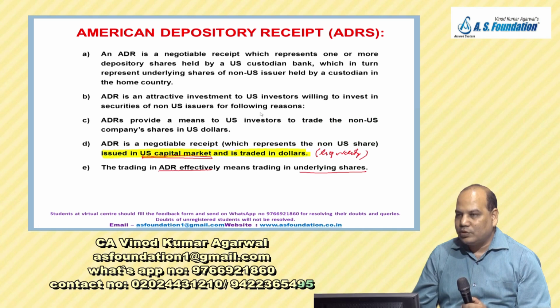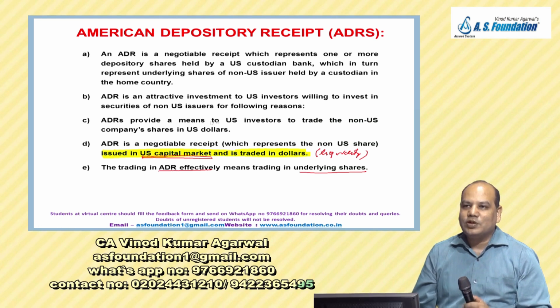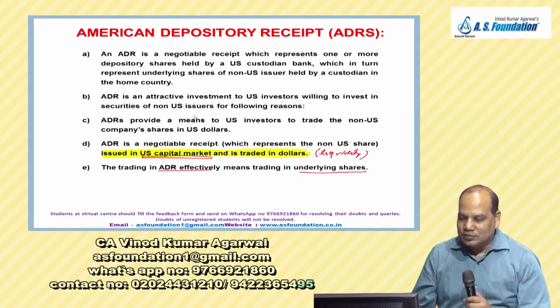Otherwise the depository will not issue the depository receipt. We are assuming all the legal compliances have been completed. First, Indian laws you have to comply. Then US regulations you have to comply. And then finally you get the permission of listing on the stock exchanges.